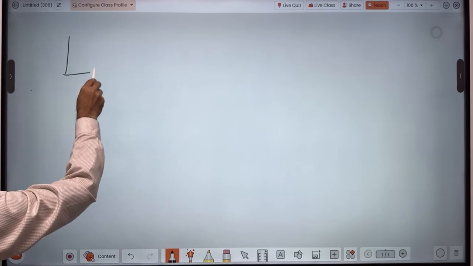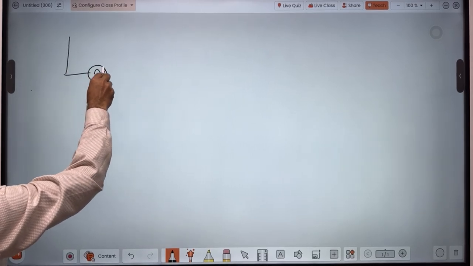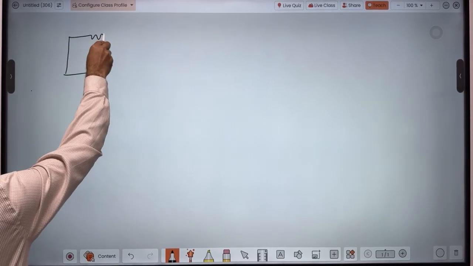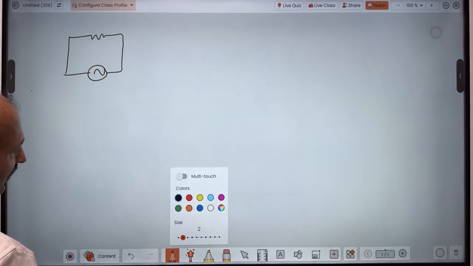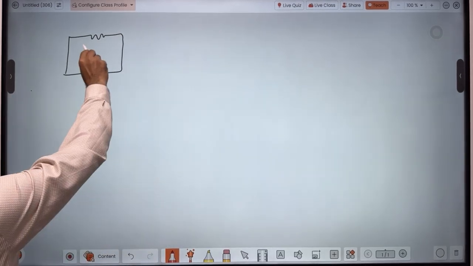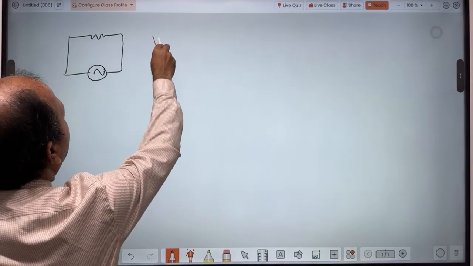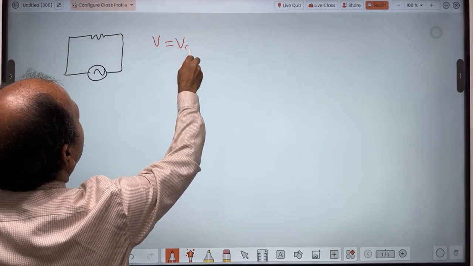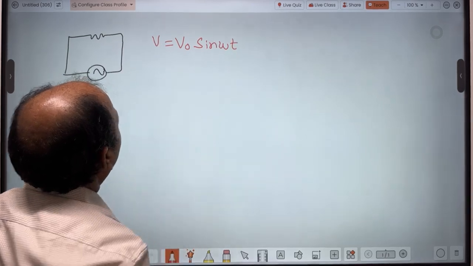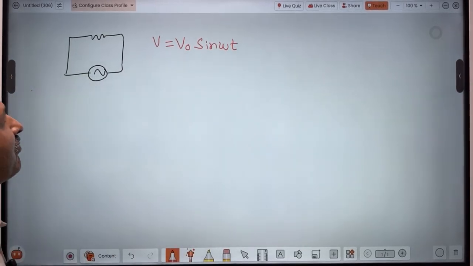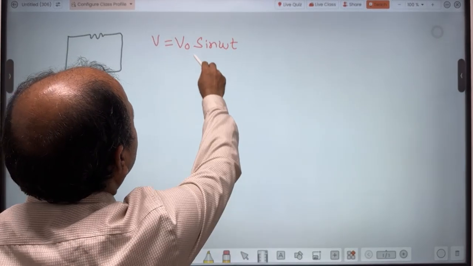Suppose we have this AC source and there is a resistor. In that case, here voltage will be V equal to V0 sine omega t, where V0 is maximum voltage.